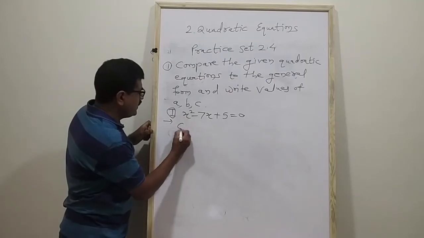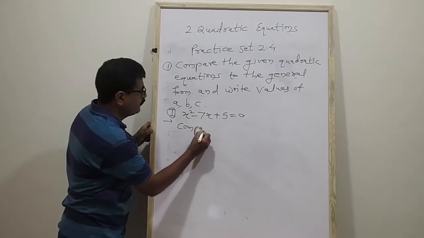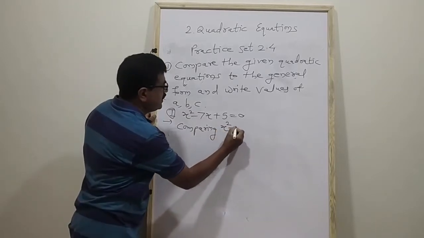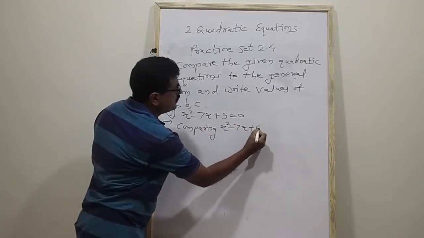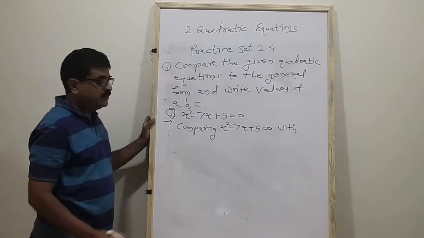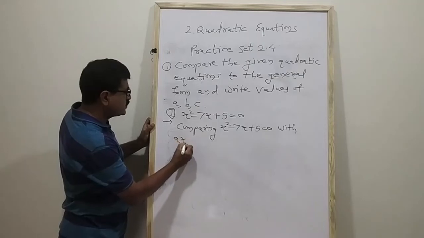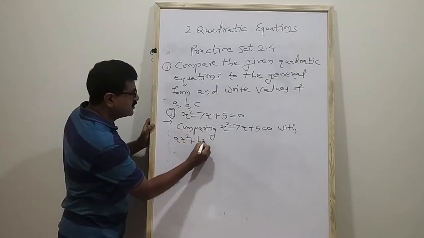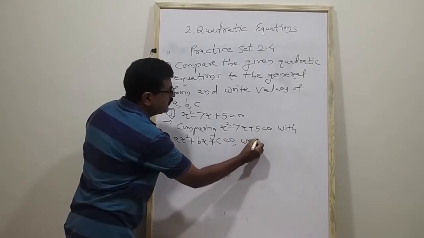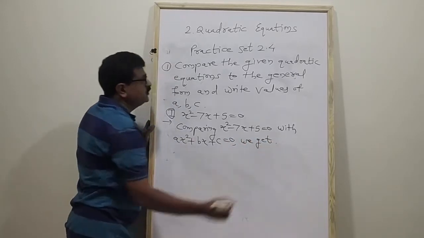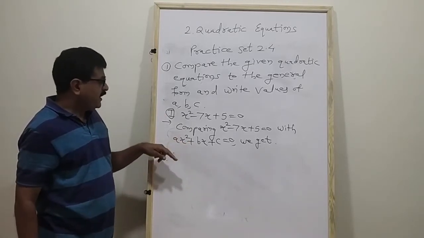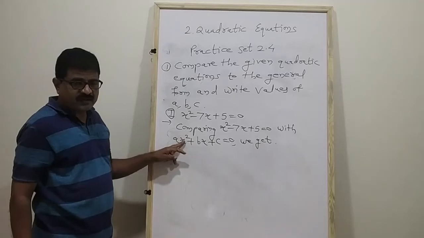Now comparing x square minus 7x plus 5 is equal to 0 with the general form, that is ax square plus bx plus c is equal to 0, we get the values. The coefficient of x square is the value of a.